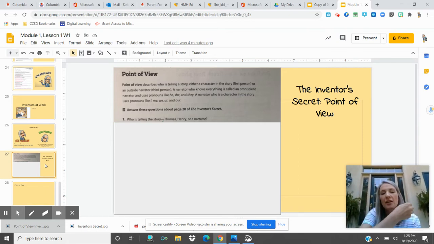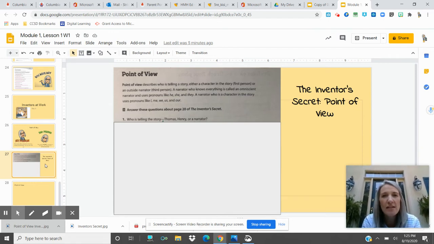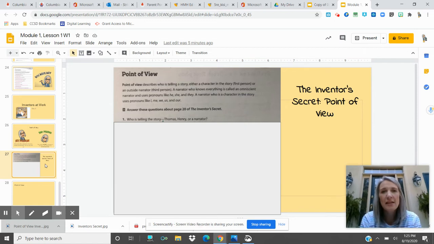So it says on page 20 of The Inventor's Secret. I'm going to give you a minute and I want you to turn to page 20 in The Inventor's Secret. As you're turning the pages and getting to where you need to be, the question says, who is telling the story? Is it Thomas, Henry, or a narrator?